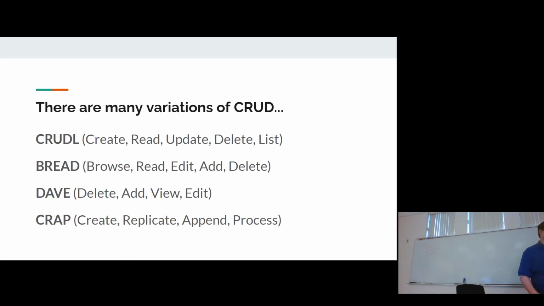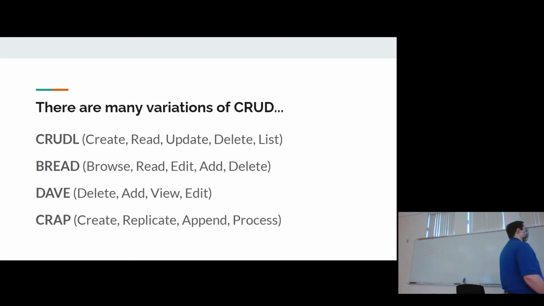For instance, you have CRUDL, which just adds the term list. The problem is it's often not clear that with the read you really need to support a list of things and also to be able to read a single record. Some sort of list of records plus reading a single record. So that's what that's clarifying.